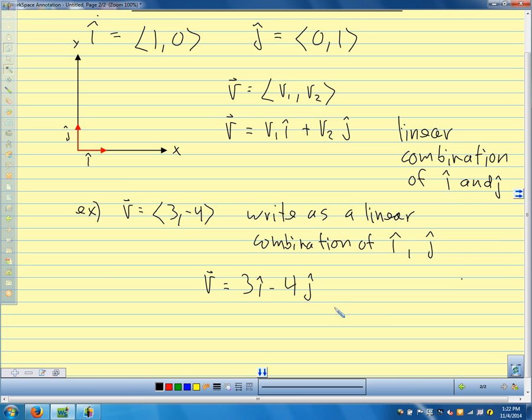It's just a different way of writing the vector. It means the same thing. 3 units in the x direction, -4 units in the y direction.